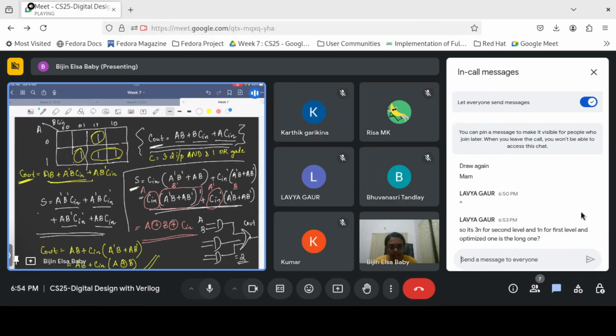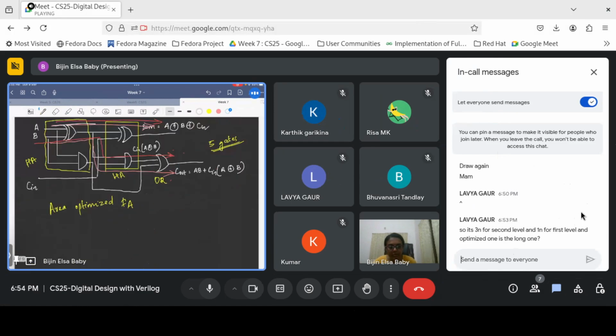So if it is an n-bit adder, then it is 2n. This is the design optimized in terms of area. Okay. So for this optimized design, it's 3n for a ripple binary adder. Is that clear?